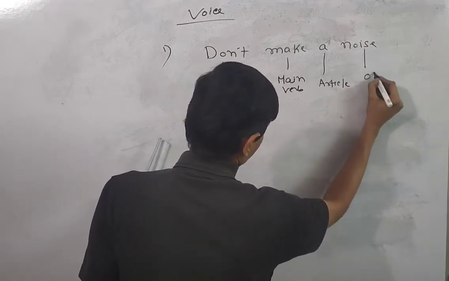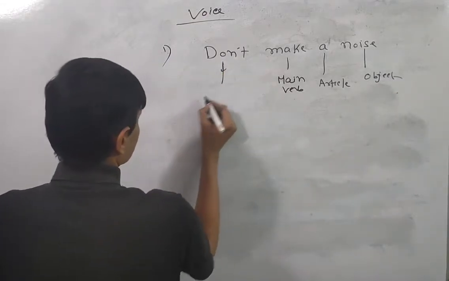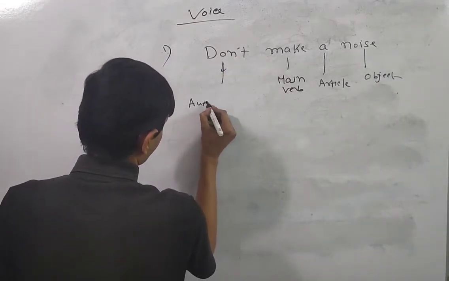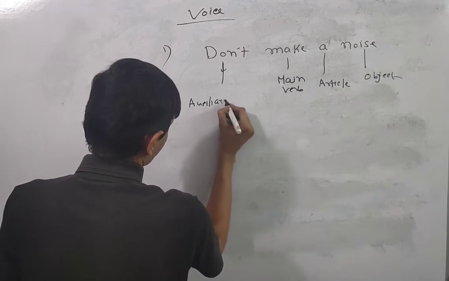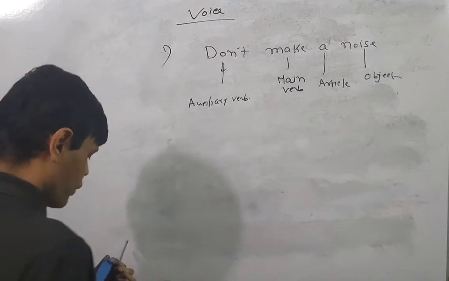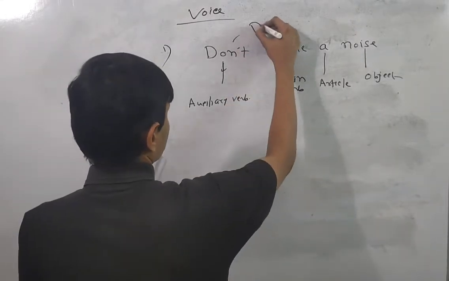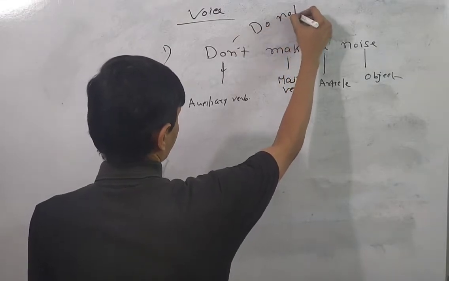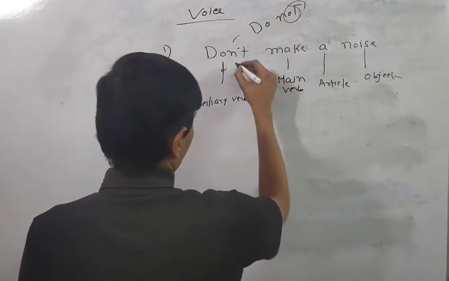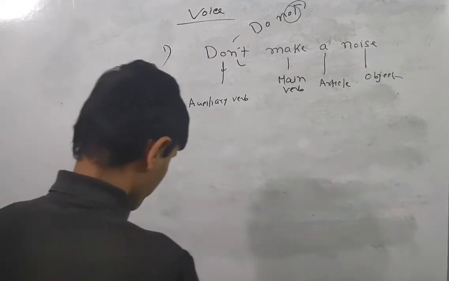Noise is the object. Do is called an auxiliary verb. And not is functioning as an adverb of negation. Don't means do not. It is the abbreviated form. That means not is functioning as an adverb. However, this is the overall sentence.